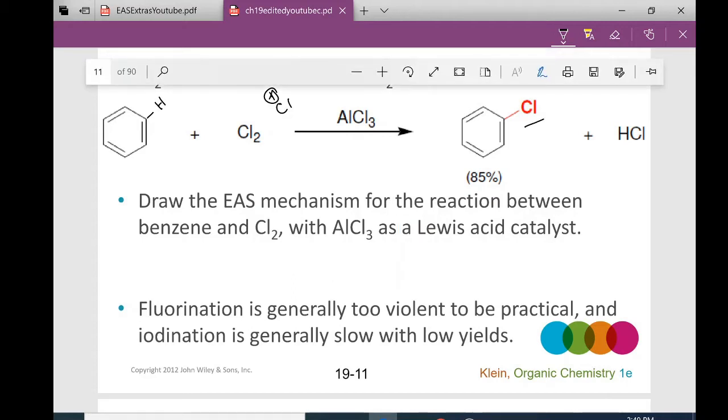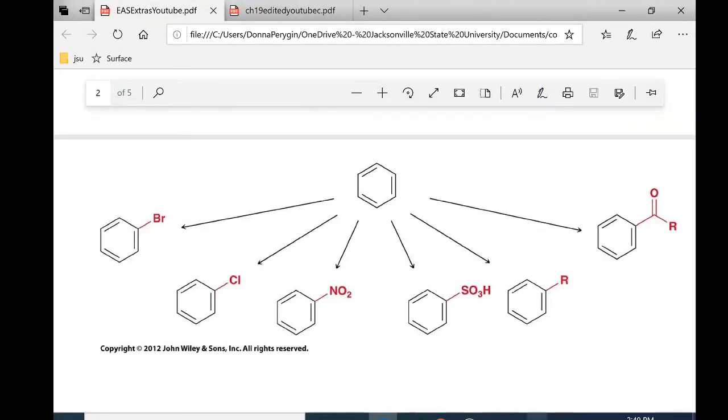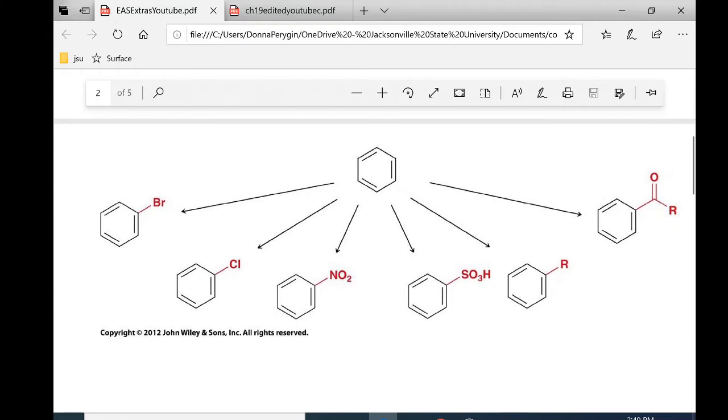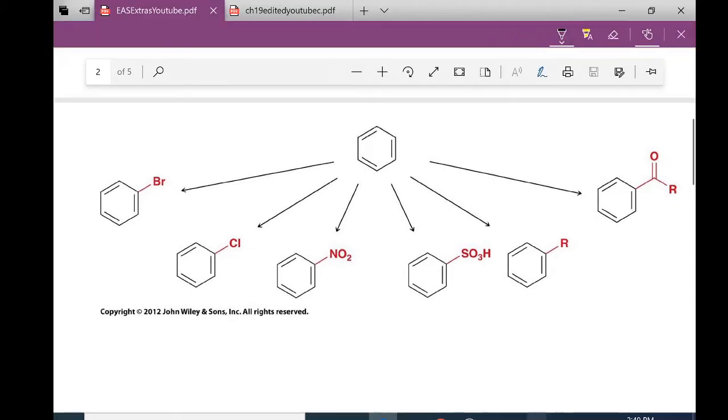Okay, so if we go over here to our overall reaction diagram, we can write in the reagents that we need to accomplish each one of these reactions. So for halogenation, we have bromination with Br2 and FeBr3, and we have chlorination with Cl2 and AlCl3.